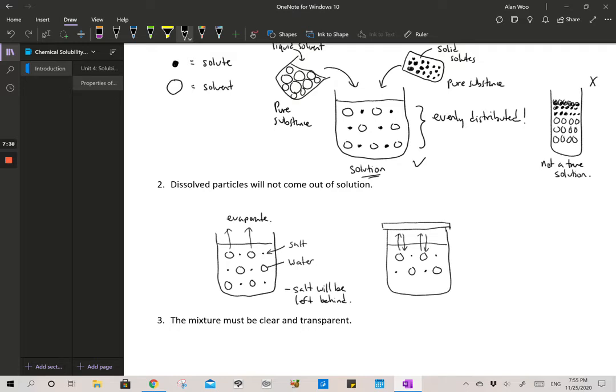Okay, so here we have no dissolved particles coming out of solution. And the main difference is just to put a lid on top.